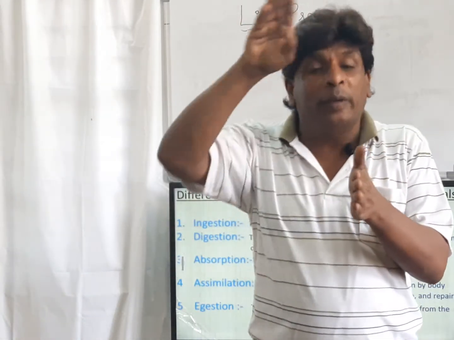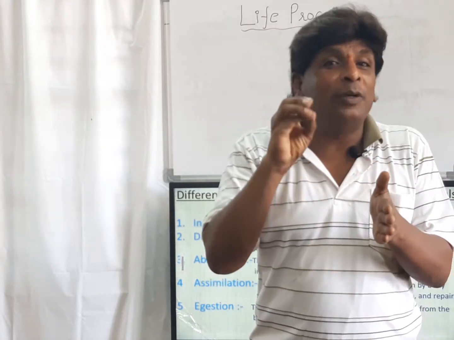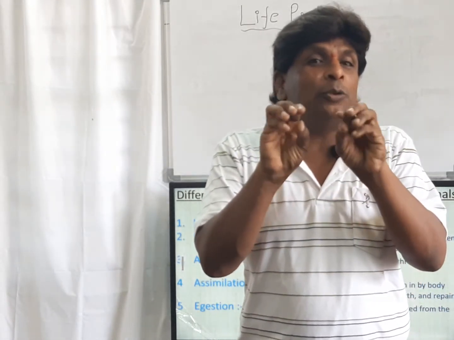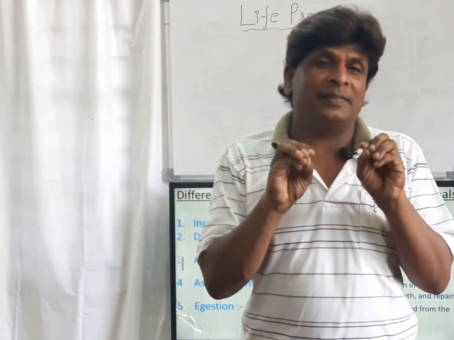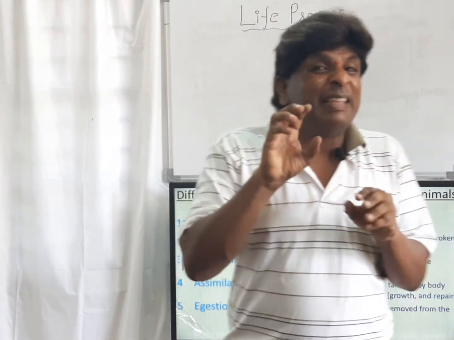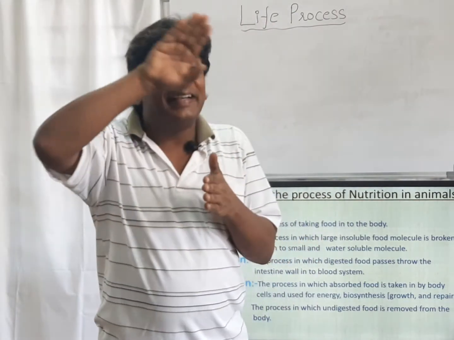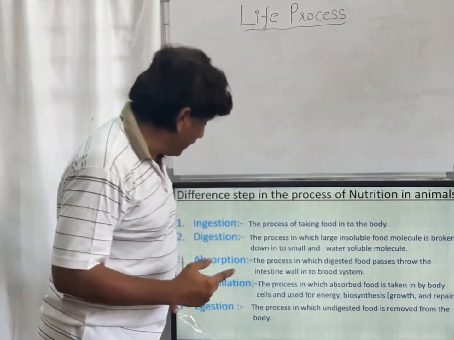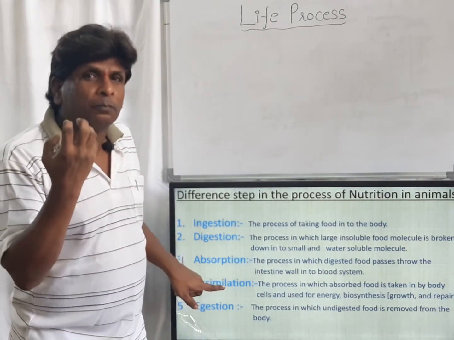When it is circulating, the food absorbed by the blood is supplied to all our cells. So these cells are taking food from the blood. This process we are calling assimilation.